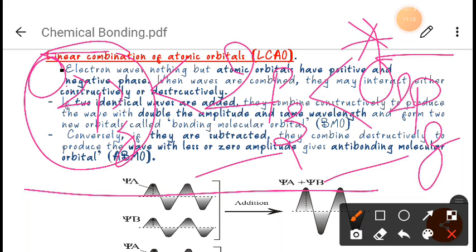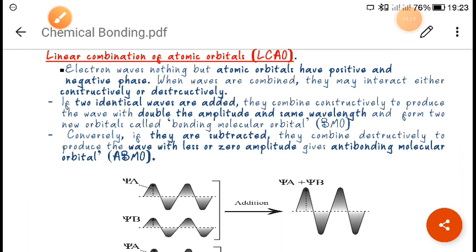Now again, when we talk about sidewise overlapping, if the z-axis is taken as the internuclear axis, it is quite obvious that the 2px atomic orbitals on the two combining atoms can overlap only in a sidewise fashion.